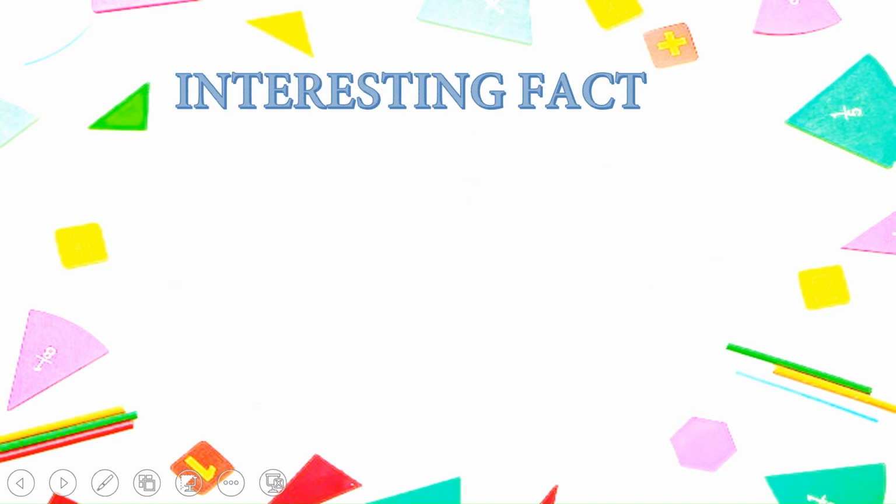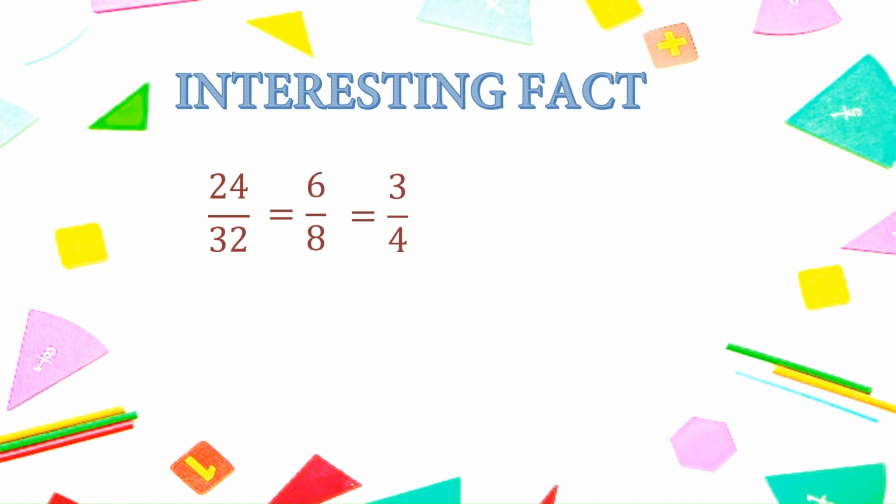There is a fact regarding equivalent fractions. Whenever we take any fraction and its equivalents like this, and consider any two of these now. I am taking 6 upon 8 and 3 upon 4. When we multiply the numerator of one fraction with the denominator of the second fraction, it will be equal to the product of the denominator of the first fraction and the numerator of the second fraction.